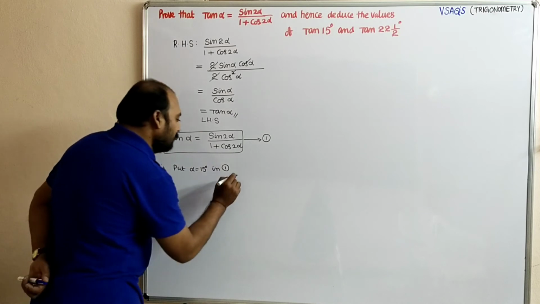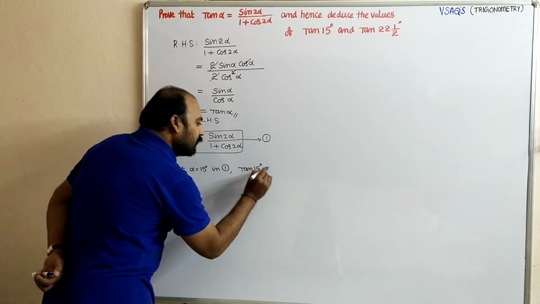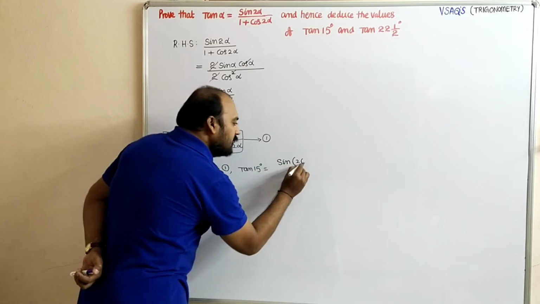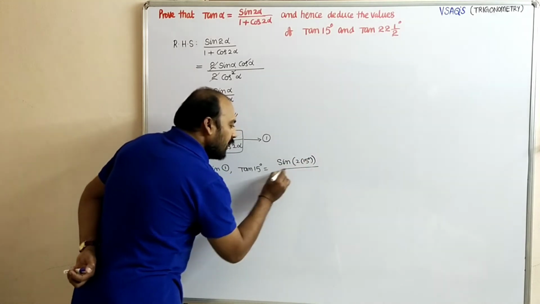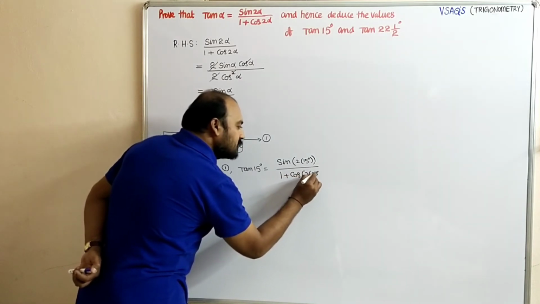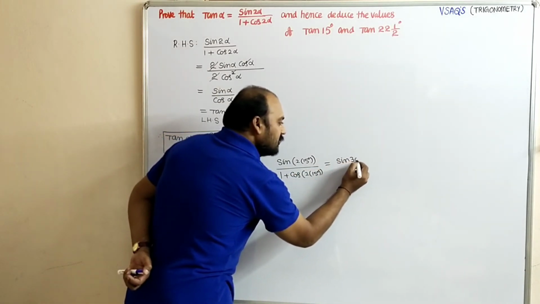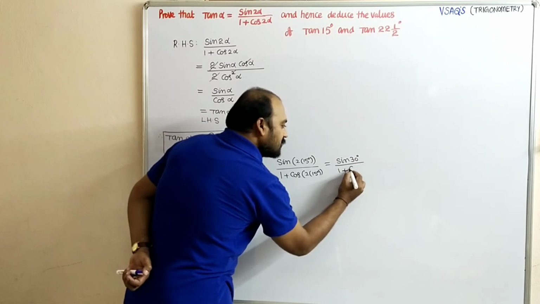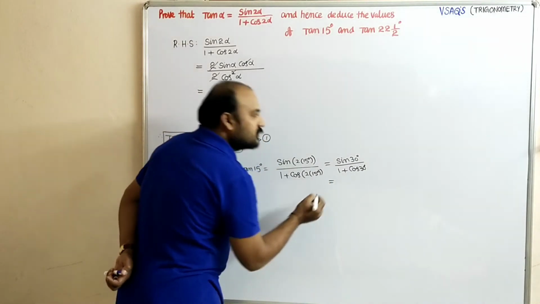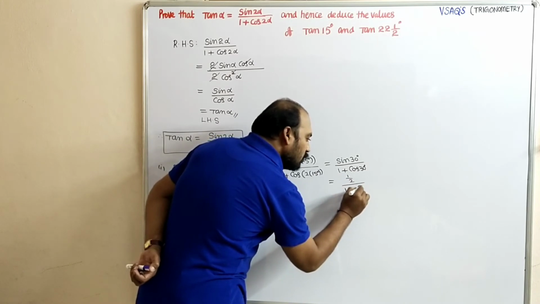We get tan 15 degrees equal to sine of 2 into 15 degrees divided by 1 plus cos of 2 into 15 degrees, which is equal to sine 30 divided by 1 plus cos 30, which is equal to sine 30 is 1 by 2, divided by 1 plus cos 30 is root 3 by 2.